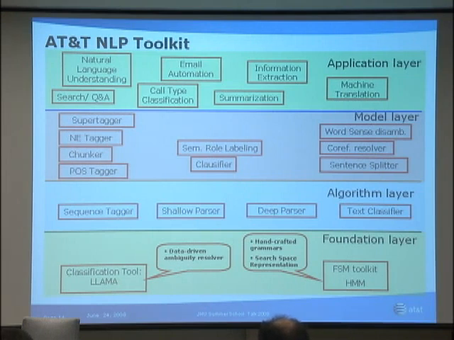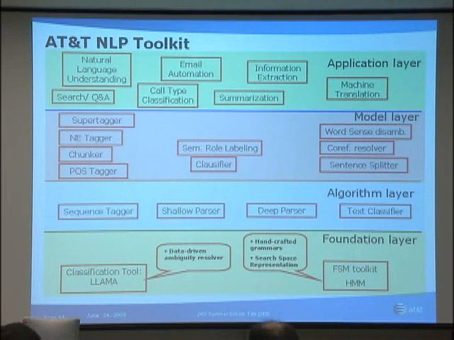And then there are semantic role labeling problems, and co-reference and word sense disambiguation and things like that, which are more global, beyond just a single sentence, multi-sentence problems.